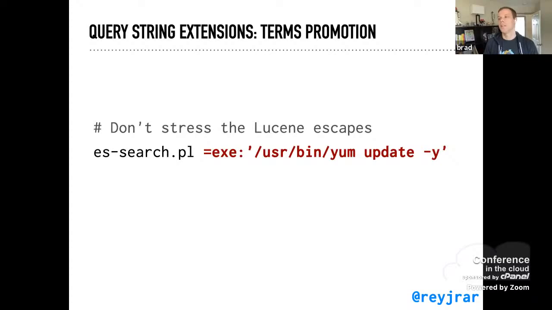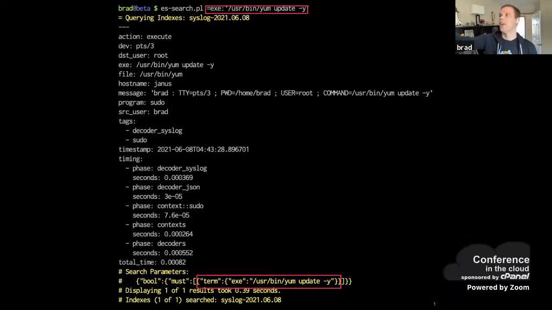So one of the optimizations that I added was if you prefix a field with an equal sign, which you'll need to escape in ZSH with a backslash because equal sign has special meaning in ZSH, then everything that comes after the field name will be promoted to a term query. Here I specified the equal, and then down in the search parameters, instead of a query string query, we now have a term query, and we match the document that has that exact match.